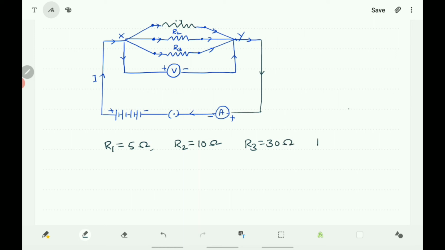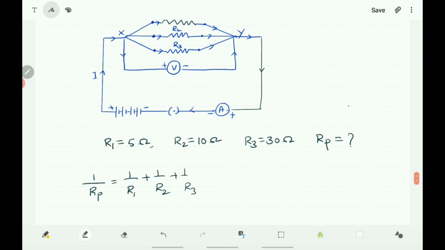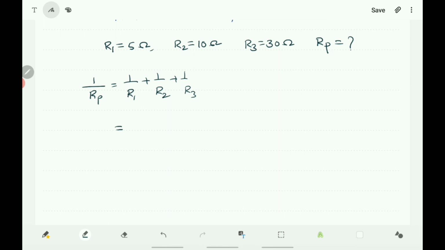So we have to find out Rp, as it is a parallel connection. Total resistance is Rp. Then you know the relation 1 by Rp is equal to 1 by R1 plus 1 by R2 plus 1 by R3, that is equal to 1 by 5 plus 1 by 10 plus 1 by 30.